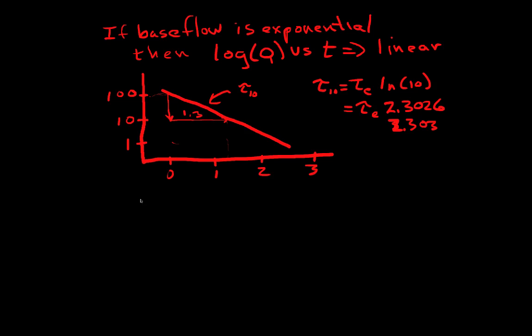Furthermore, if we know our base 10 time constant, we can write that the flow is going to be equal to the initial flow, Q naught, times 10 raised to the minus t over the base 10 time constant, tau sub 10, which is related, as we wrote up here, to the natural log time constant, which would be Q equals Q naught, 10 to the minus t over tau e times 2.303.